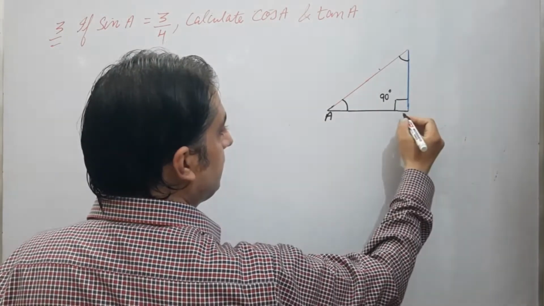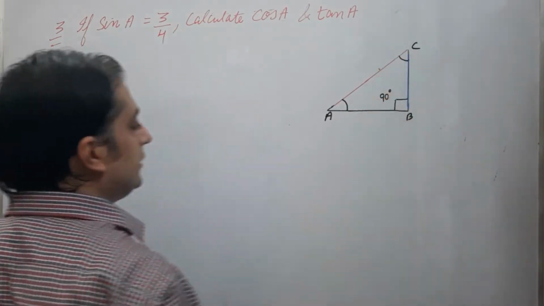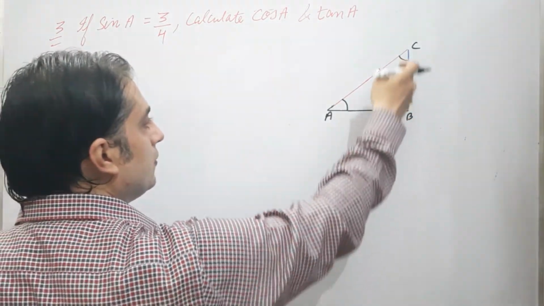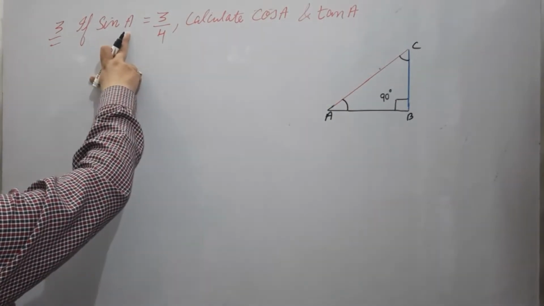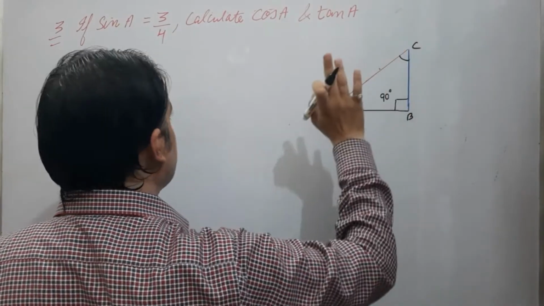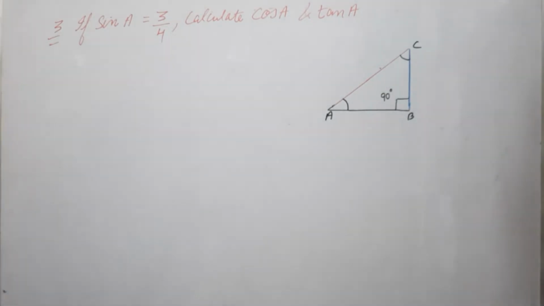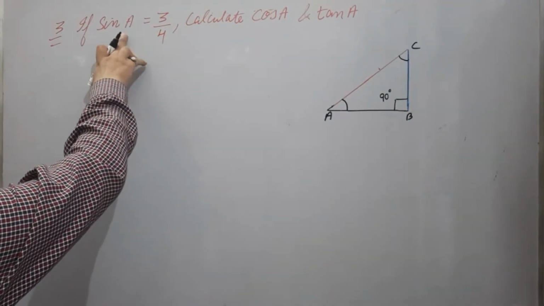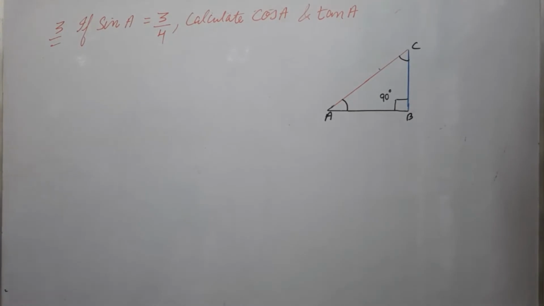And complete the name of the triangle, just name it ABC, right? You can write AC over here or B over here, no problem. Because the angle A is defined, you can take any vertices to denote your angle A, right?